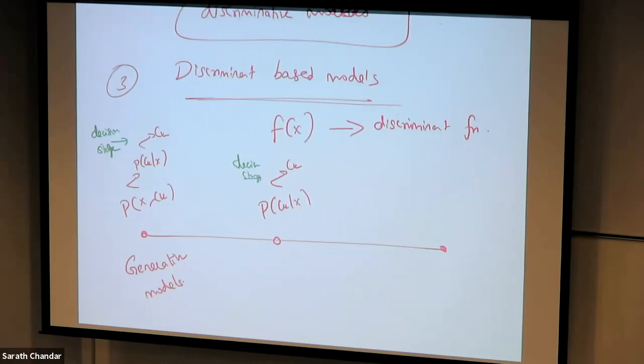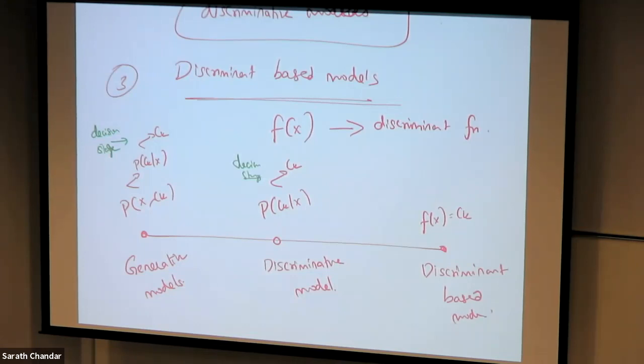This is the discriminative model. At the other end of the spectrum, we have discriminant-based models, which is basically f of x equal to Ck. You can see that this model even skipped the p of Ck given x stage.